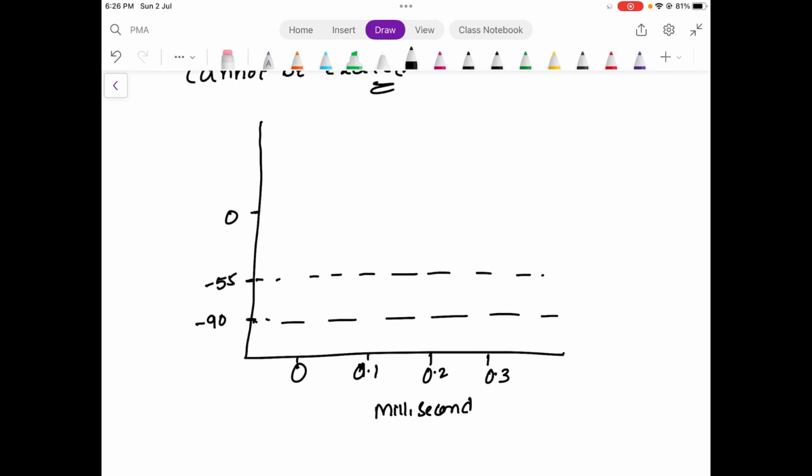The resting membrane potential is minus 90. Whenever there is a stimulus, from minus 90 to minus 55, there will be a rise in the potential. This minus 55 is the threshold. And there will be a rising phase.